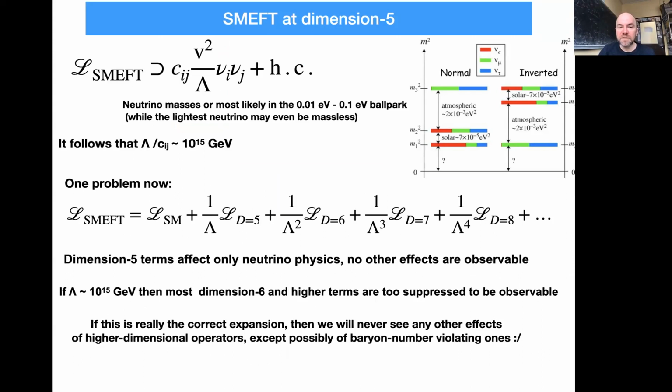And it might be that lepton number is for some reason a good symmetry also of the UV completion of the standard model, so that only physics at the very high scale is allowed to violate lepton number, while the physics at lower scales is not allowed to violate lepton number. And then it means that only physics at the very high scale produces the dimension 5 operators that we have seen, but physics that produces dimension 6 operators, which can be lepton number conserving, can be at a lower scale.